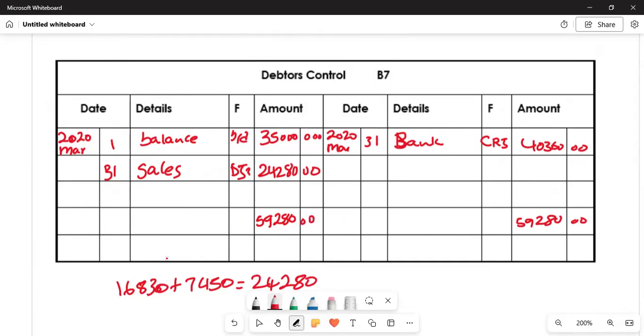So now we're going to have balance brought down on April 1. Then you say balance BD. Balance brought down of how much?